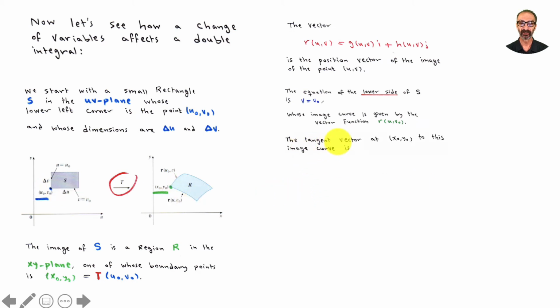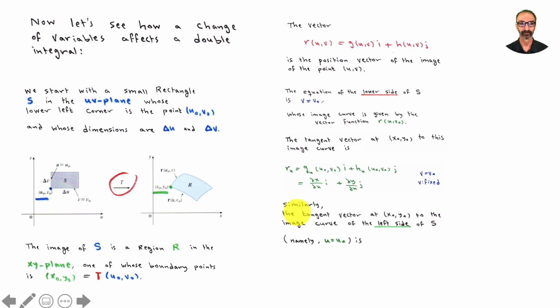The tangent vector at x sub 0, y sub 0 to this image curve is the first derivative with respect to u, since v is fixed. When v is fixed, this is the tangent vector going this way to this curvy side.